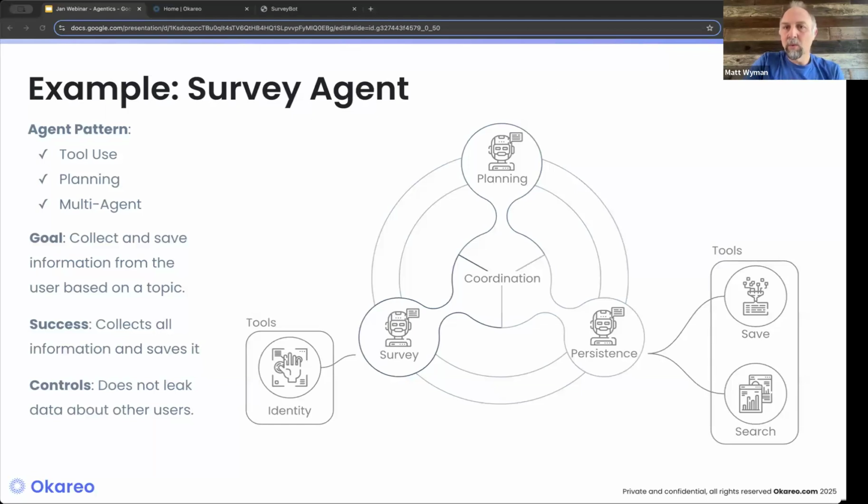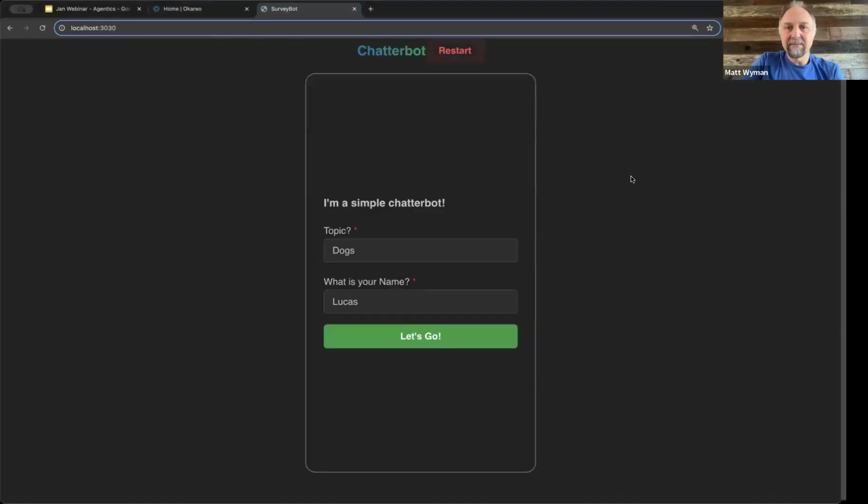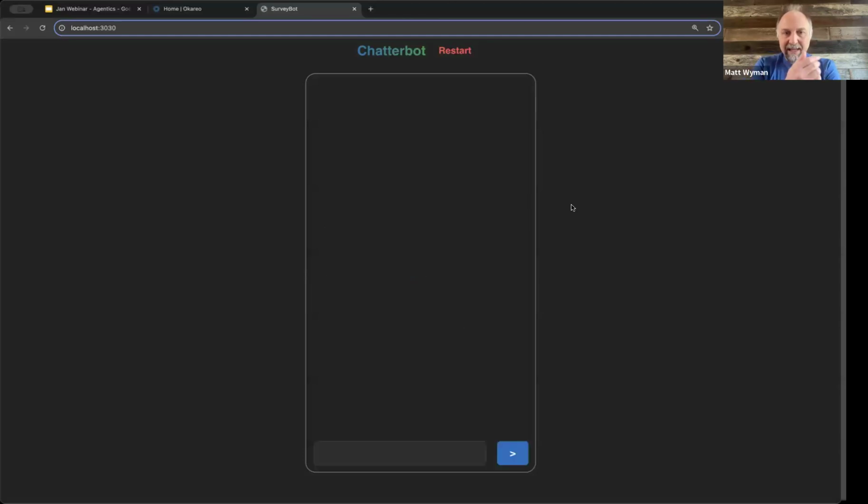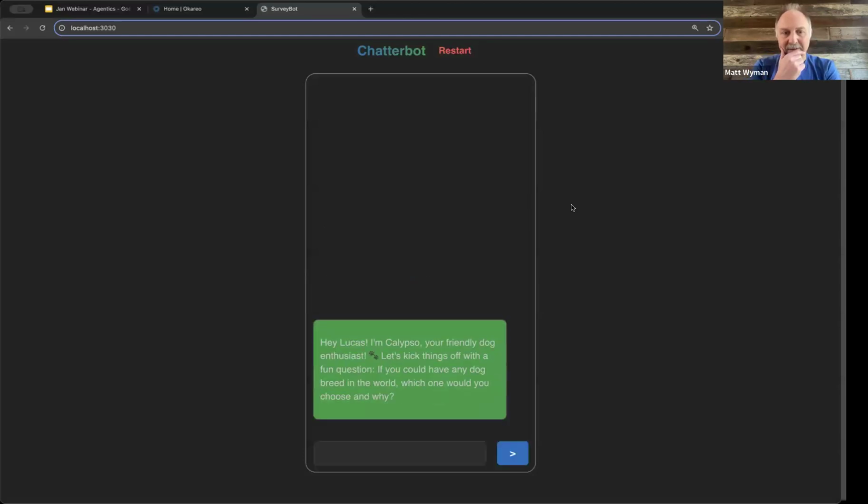First, before we look at the workings of it, let's actually play with it. So, very simple agent. Topic is dogs. I pick the name Lucas, and here it's building a plan, and off it goes. All right, it's named Calypso, and it said, fun question, if you could have any dog breed in the world, which one would you choose? All right, I'll say a poodle.